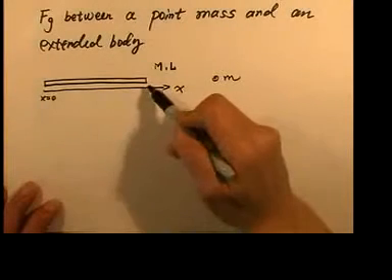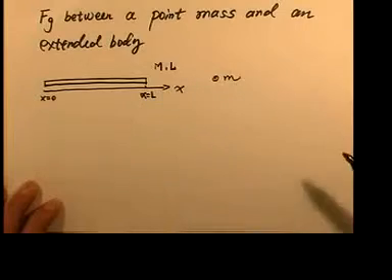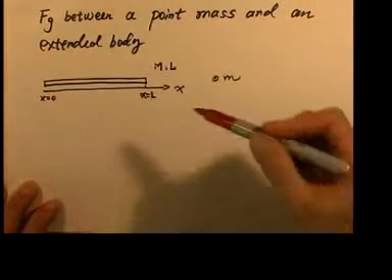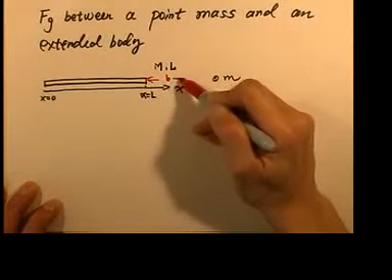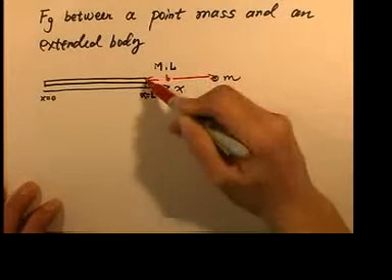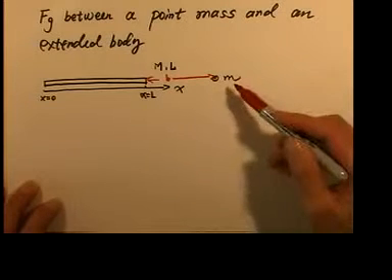This is x equals 0, and obviously this will be x equals L. Assume that we have a point mass located a distance little b away from the far end of this ruler. Now, what is the gravitational attraction between the ruler and this point mass m?